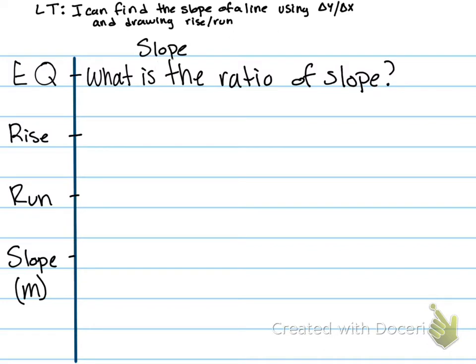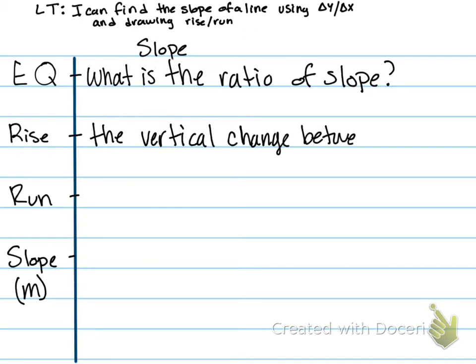First, I have rise, which is going to be the vertical change between 2 points. Okay. Run is going to be the horizontal change between 2 points.